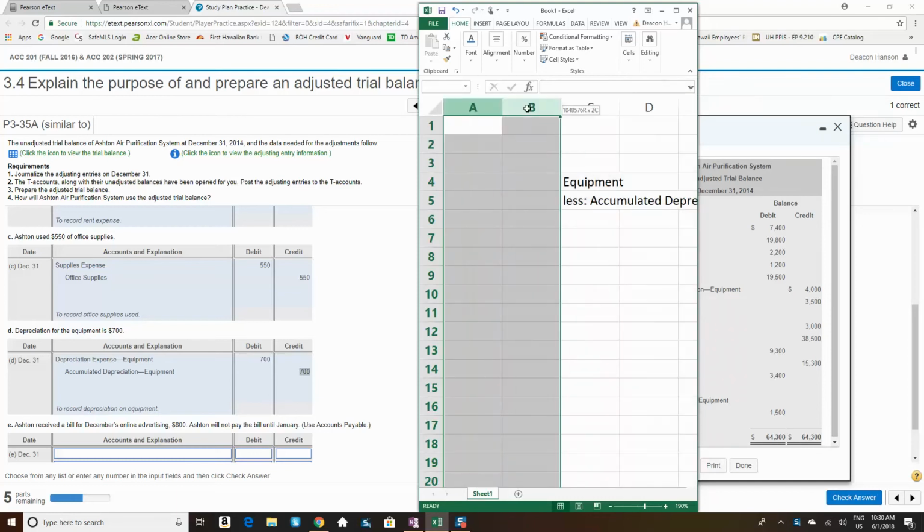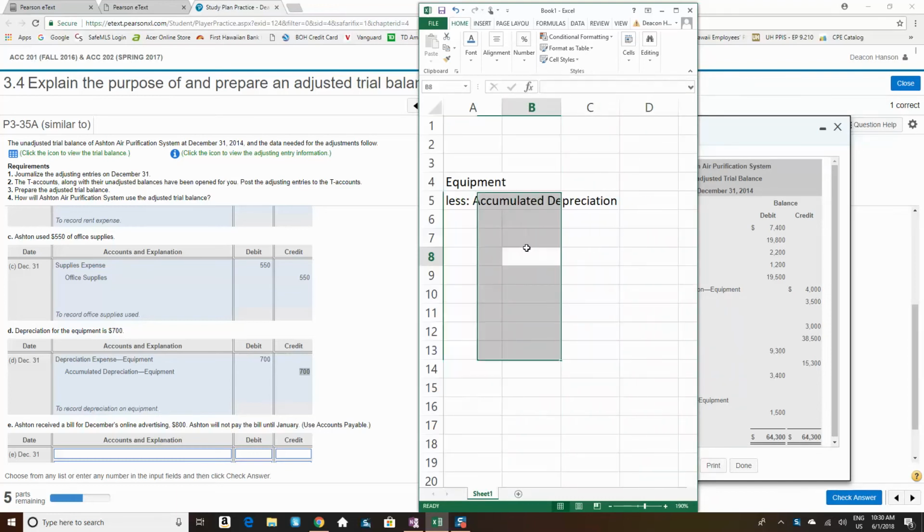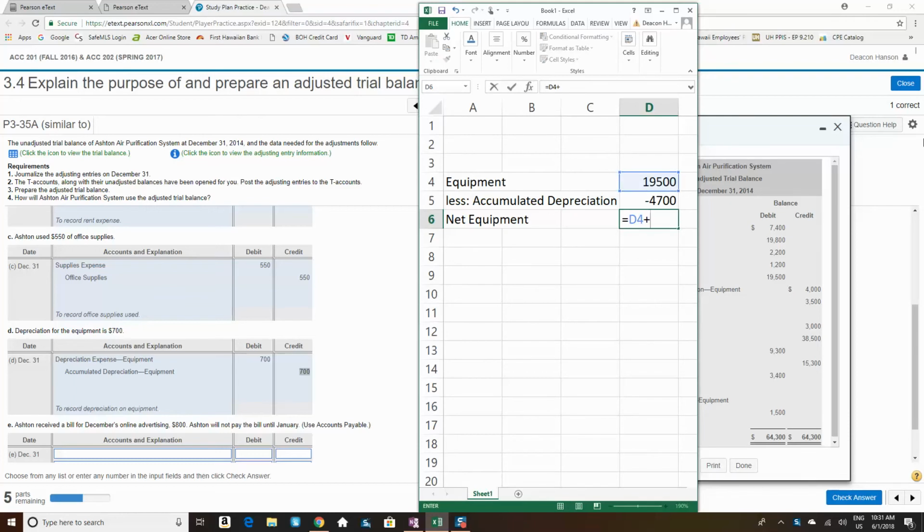If we wanted to show that on the balance sheet, you'd show your equipment at its cost, always shown at its cost, and then you'd show the 4,700. Remember, 700 was increased by 700. So your net equipment would be the difference between, right?